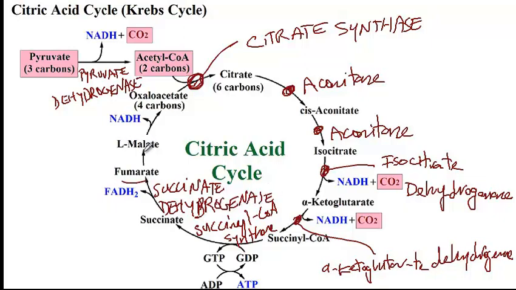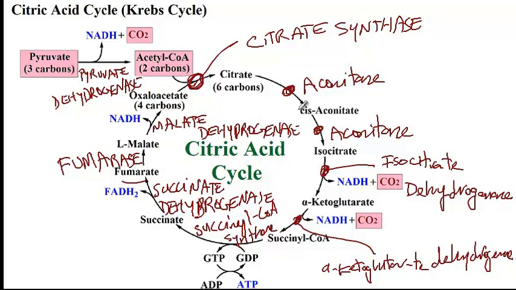Fumarate into L-malate is being done by fumarase. And then malate into oxaloacetate is being done by malate dehydrogenase. All right. And so these were all the reactions that were involved.